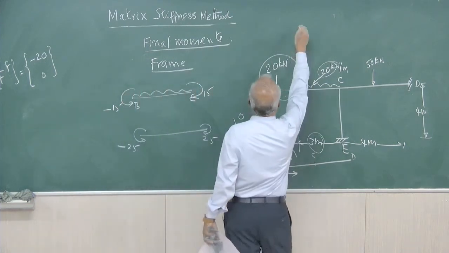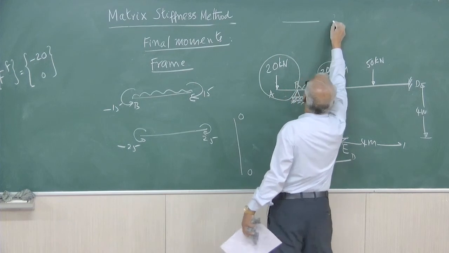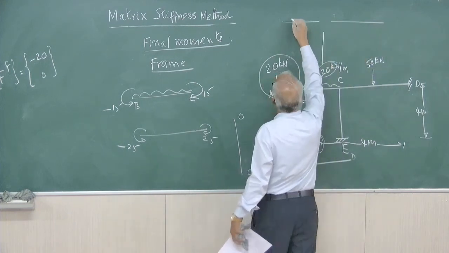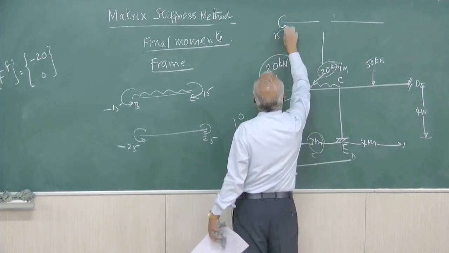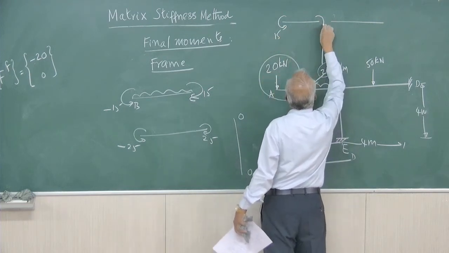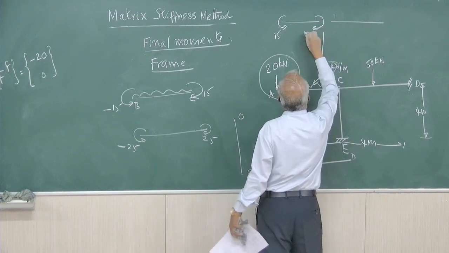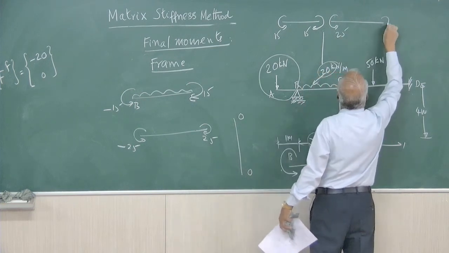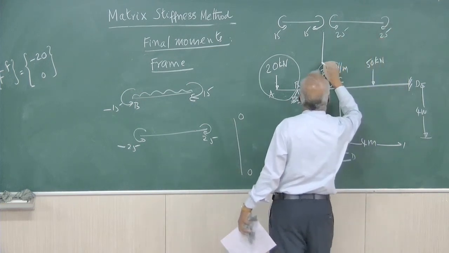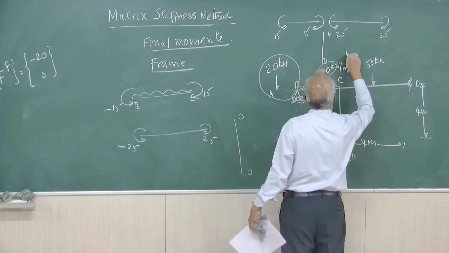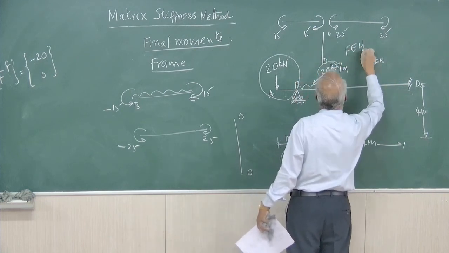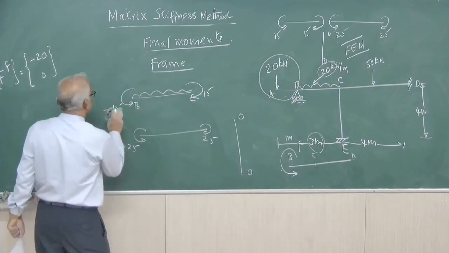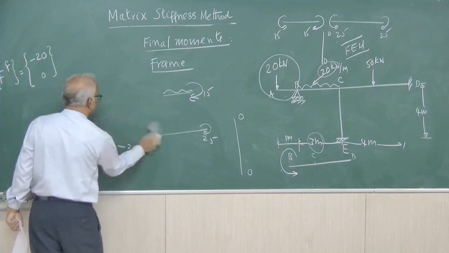Therefore, coming to the fixed end moments, here it is minus 15, plus 15, minus 25, plus 25 and here it is 0 and 0. So these are the fixed end moments. Only calculations I am skipping. So that is about the fixed end moment due to the given loading.